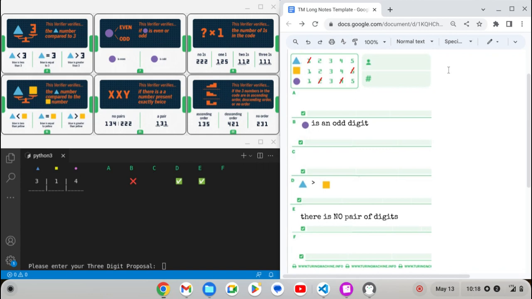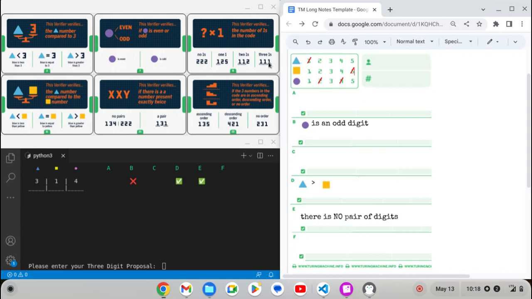So it's just time to come up with a new proposal. We haven't tested what triangle is for sure. Now that we've eliminated one choice, it's either half even, half odd, but then there is that equal 3. We haven't tested how many ones there are. Notice this: if there is a 1, only one of these can be, right? Because we're told that there's no pair of digits. So either there is no 1 or a single 1.